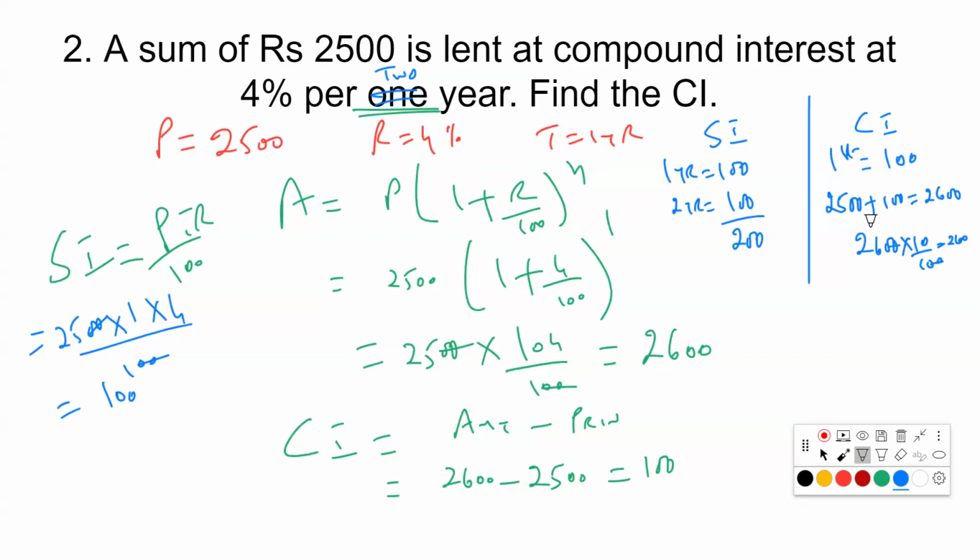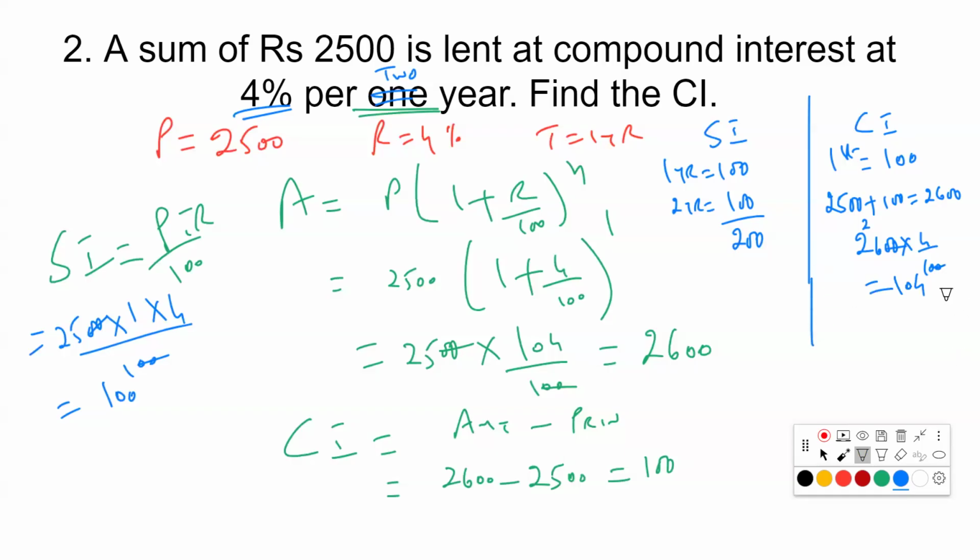Sorry, not 10%, it is 4%. I did 10% here, but the question is 4% only. So two zeros cancel, and 4 6s are 24, 4 2s are 104.